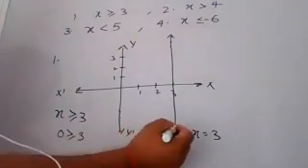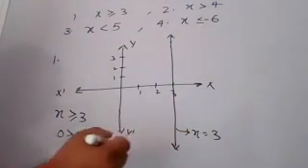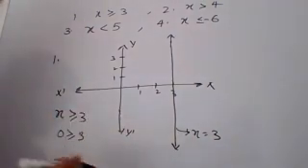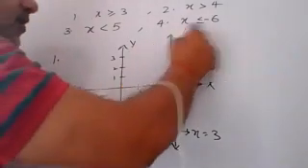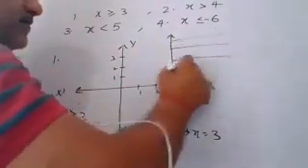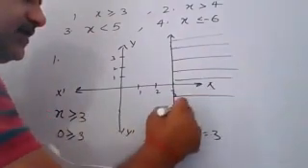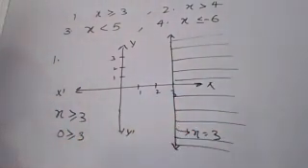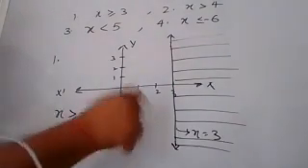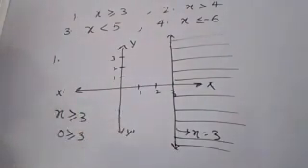So your solution is that portion which does not contain origin. You set the portion of this line away from origin, and that is your solution.